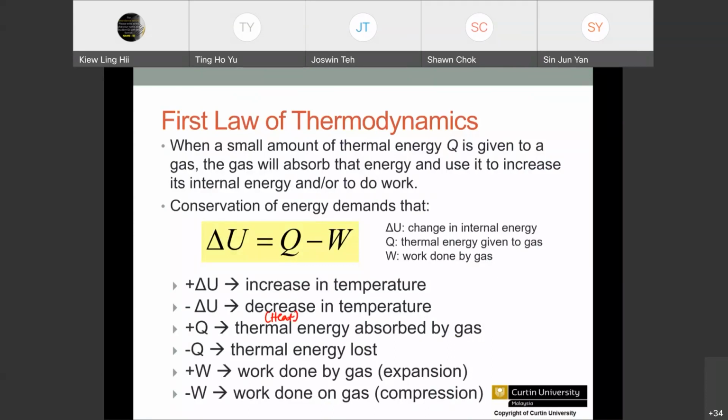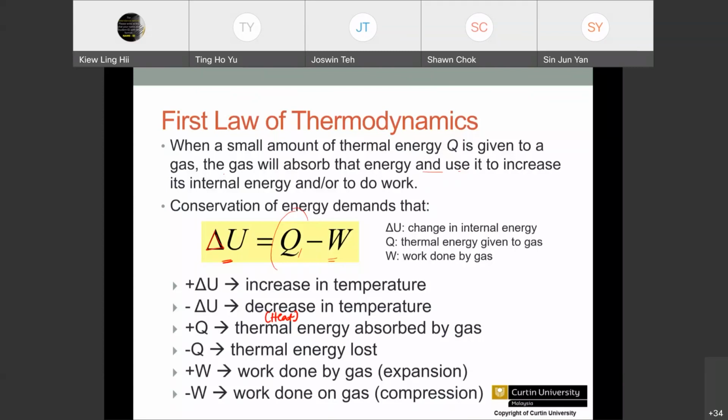When heat is applied to the gas, the gas will absorb the heat and use it to do work. After subtracting the amount of heat used to do work, the remaining energy is called the internal energy. Putting a delta in front means change in internal energy.